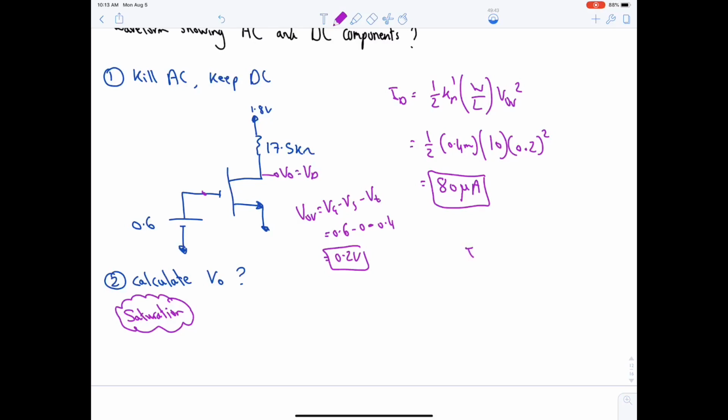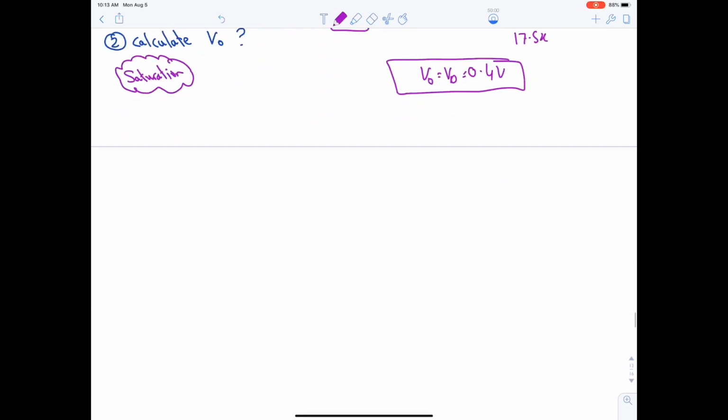So ID is equal to 1.8 minus Vd over 17.5K. So V output is equal to VD, which is equal to 0.4 volt. This is the answer. Okay. Question 3 or part 3.